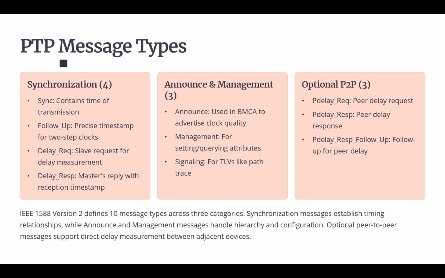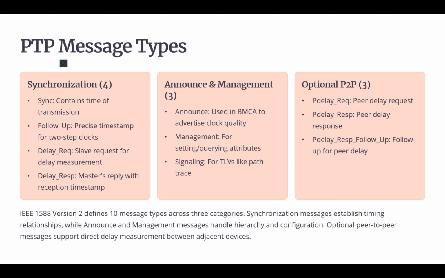Now, we said there are some optional peer-to-peer messages. One is the peer delay request. This is normally used between two directly connected devices. It's like asking your next-door neighbor how long it takes a message to go between us directly.